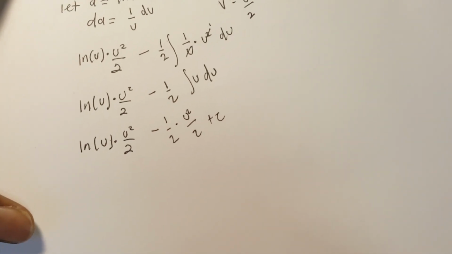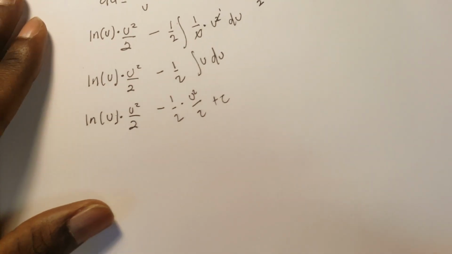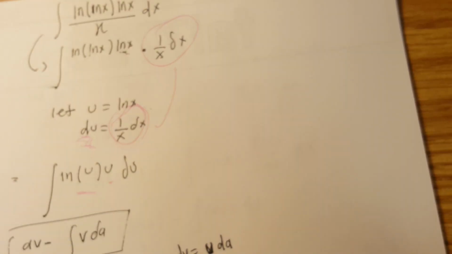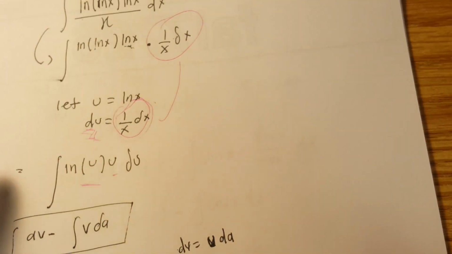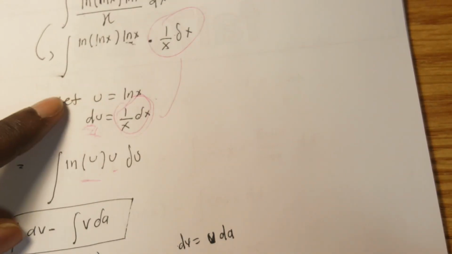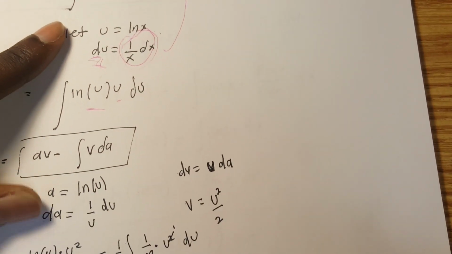So now we just have to substitute for u because we were given the question in terms of x. So we're going to substitute here for u because we know u is equal to natural log of x. So wherever we see u, we put natural log of x. Then we're done.